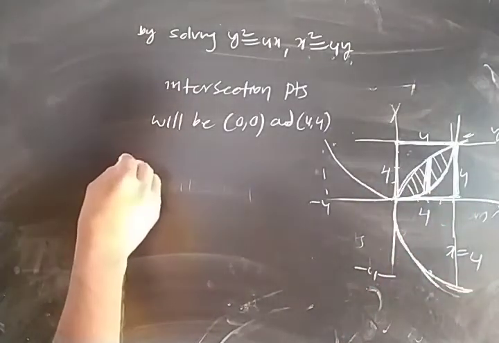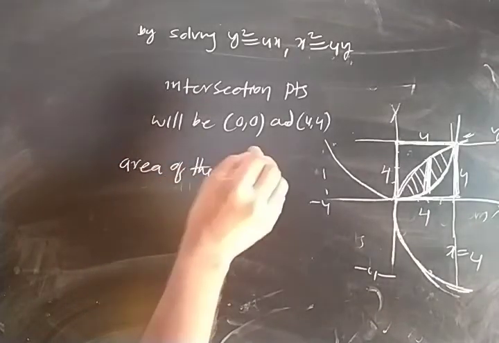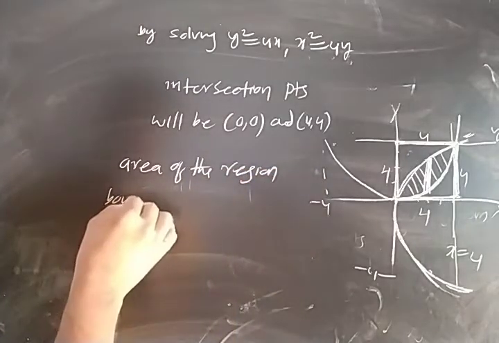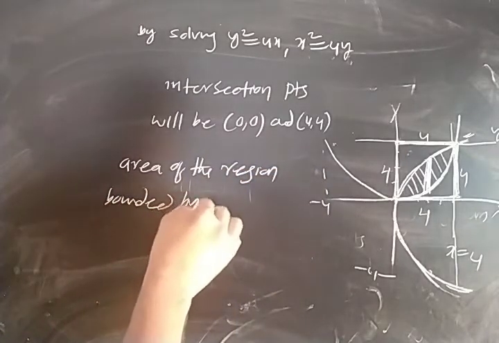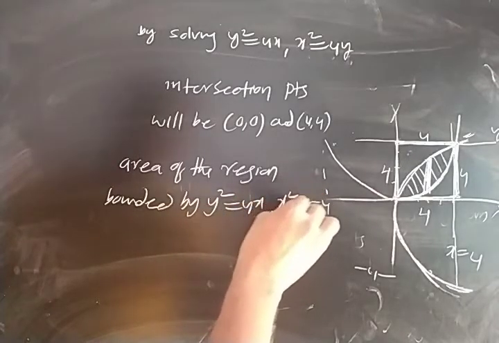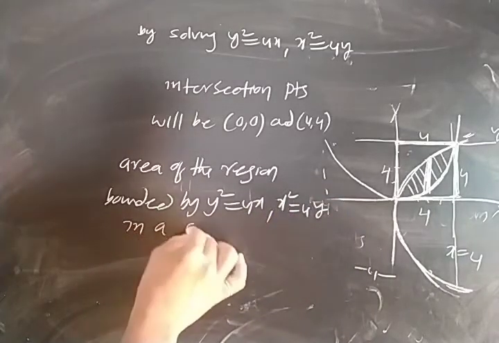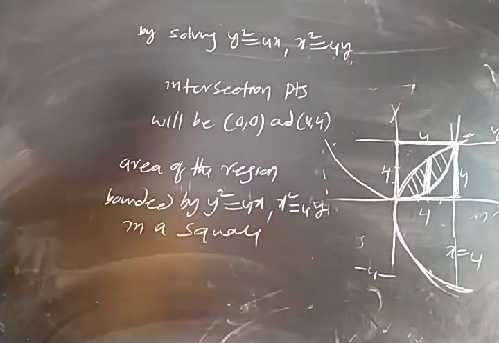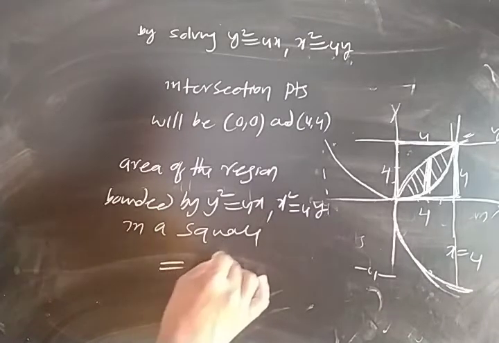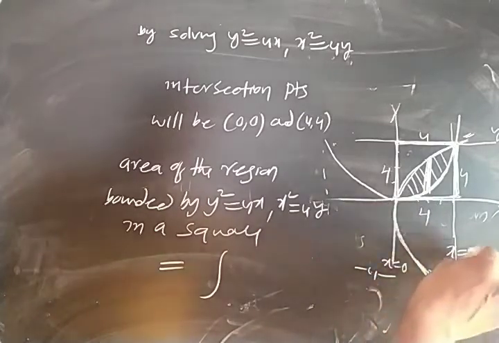So the area of the region bounded by y square equal to 4x and x square equal to 4y is computed with limits x equal to 0 to x equal to 4.